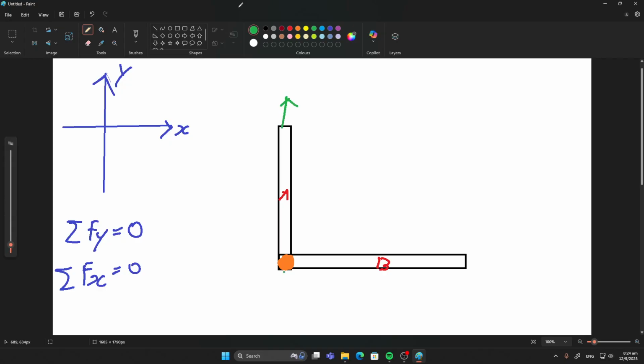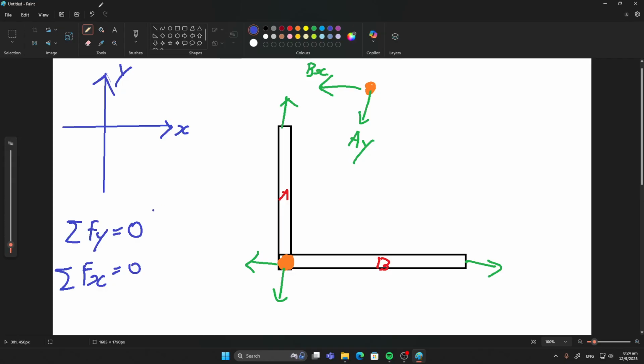I'm just going to assume that A is in tension and B is also in tension. If you look at my orange circle, which is my reference point, essentially it is like this, and I'm labeling the forces Bx, Ay.